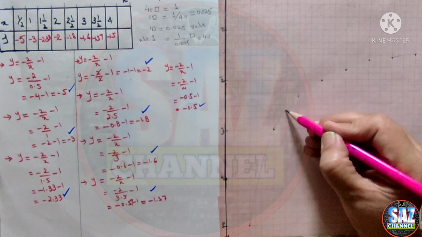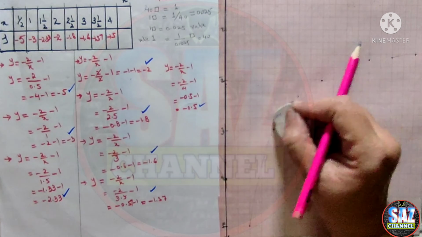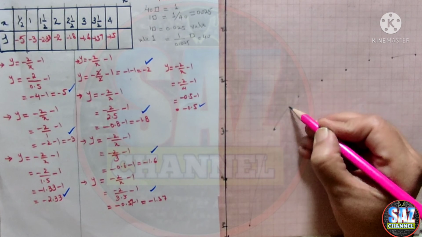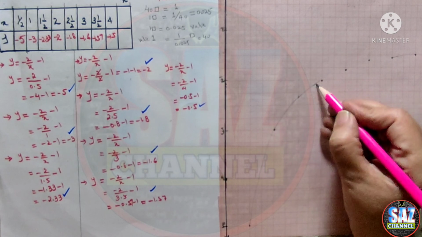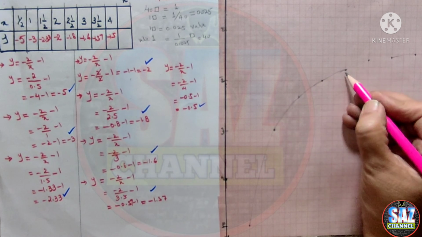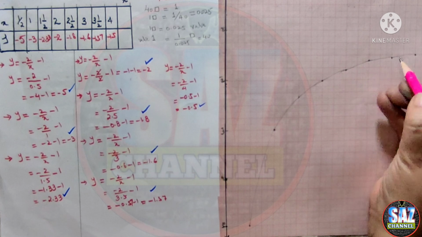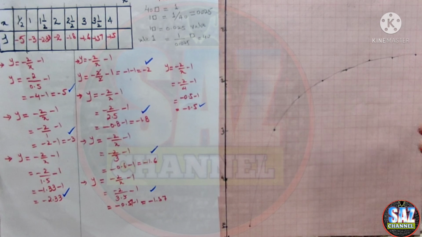There should be no hard strokes, so that when you remove the pencil work, the impression of the pencil does not remain on your work, because afterwards you have to do this work in pen. When you go for your O-level examination, your papers will be marked through a scanner, and pencil work will not be marked at all.